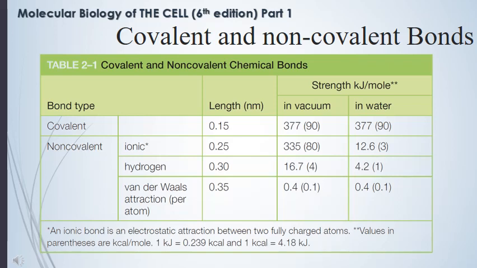But in water, this bond strength goes down to 12 kilojoules per mole. It's deteriorated. Now, hydrogen bonds are weak bonds to begin with. And in a vacuum, they are slightly stronger. But obviously in the water, which is surrounded by hydrogen bonds all around, individual hydrogen bonds become less.